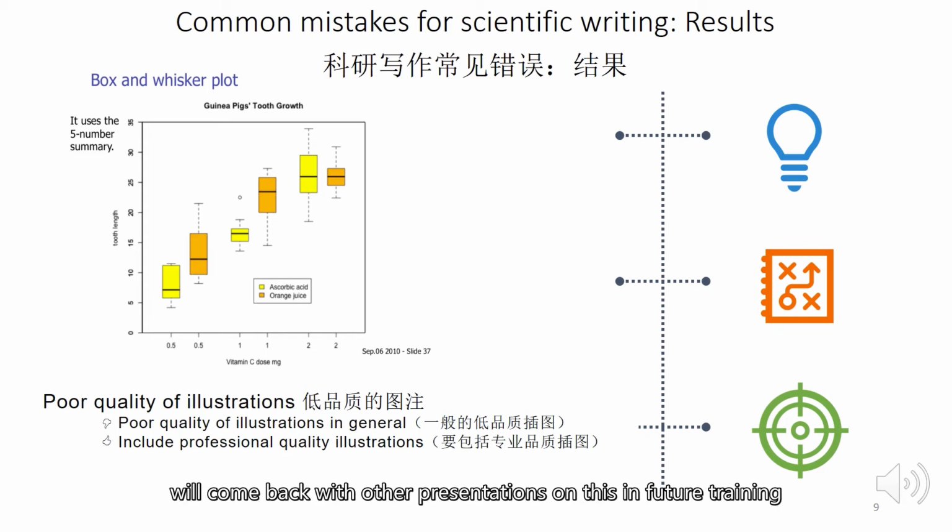We'll come back with other presentations on this in future training presentations, but one big mistake that people often make is poor quality illustrations. You need, if possible, to be professional in the quality of your illustrations. There's really no excuse for this these days, given the kinds of software we have available to summarize our results, to get that message across to the audience.